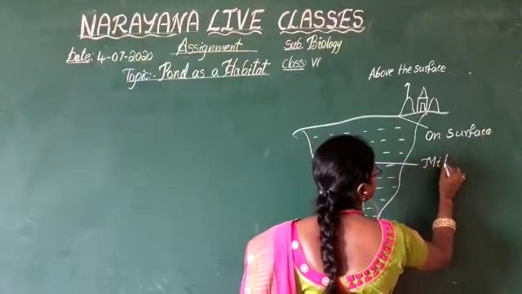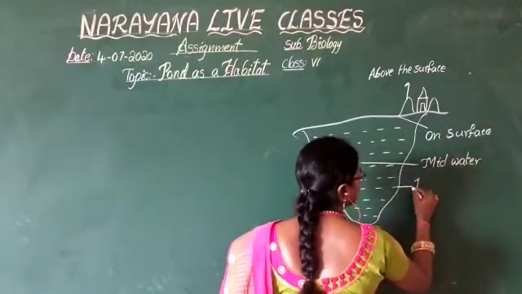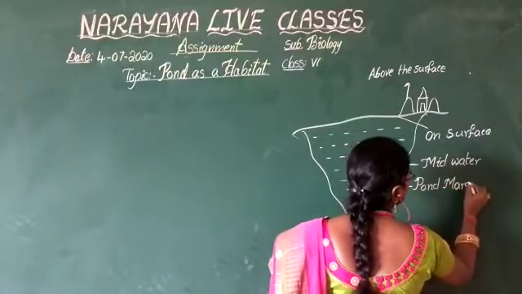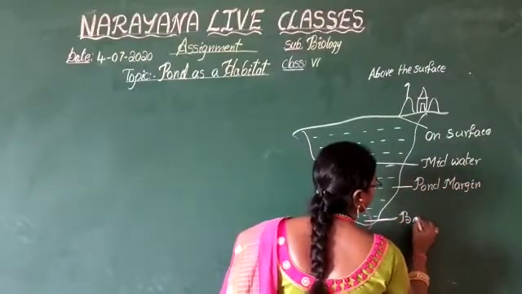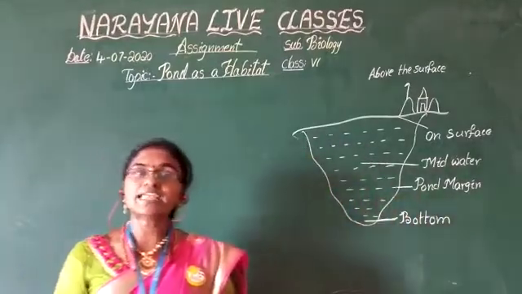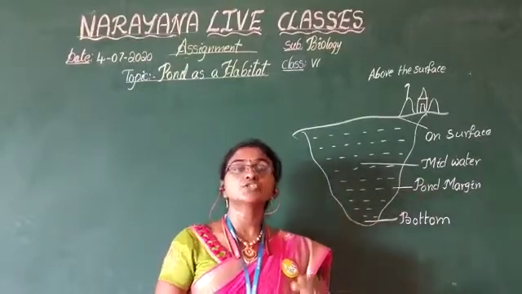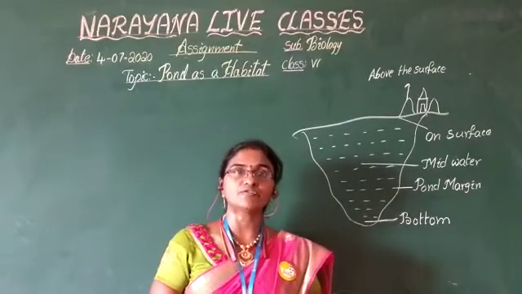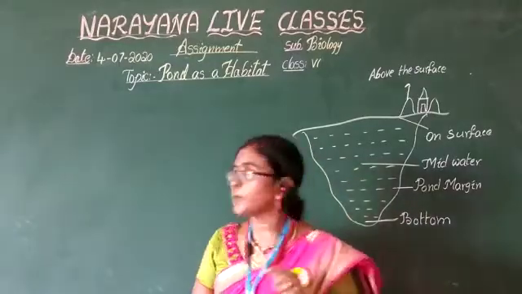Mid-water, pond margin, and this is the bottom of the pond. So what they are asking: identify the organisms which are present above the pond surface. So what are the organisms we observe? Mayfly, dragonfly, kingfisher. So the answer is mayfly, dragonfly, kingfisher, option D.